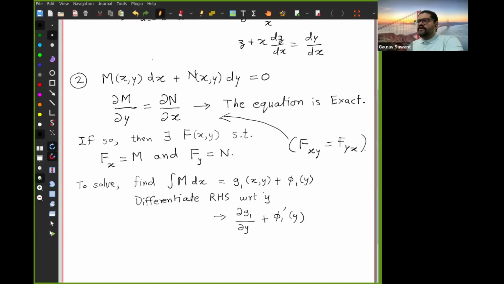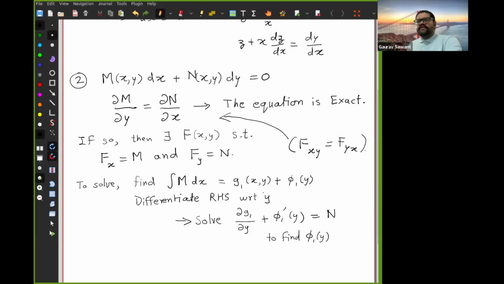But then that particular quantity needs to be equal to N. So you essentially will solve this, and then you will probably get a much easier expression to find this phi1(y).